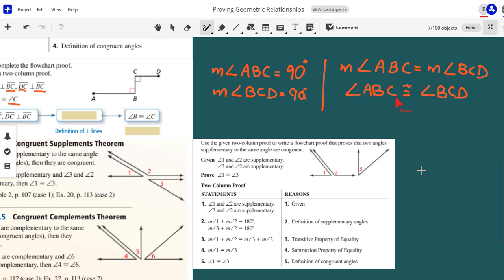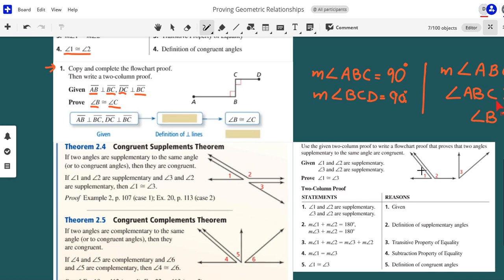That means this angle, formed at B, is congruent to angle C. So first, with the help of the definition of perpendicular lines, we can write this sentence here. And then, by applying the definition of congruency, you can write this. Is it clear?